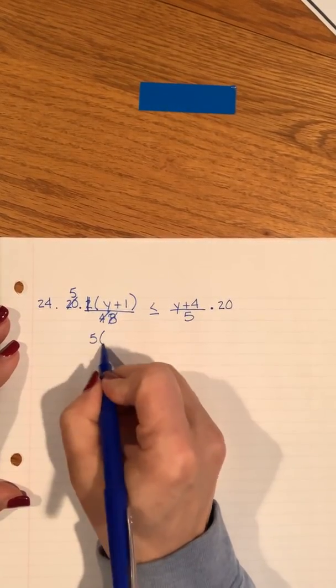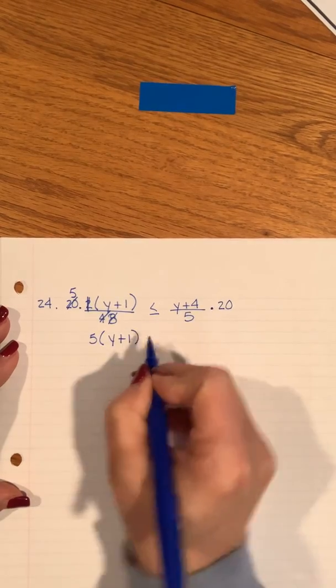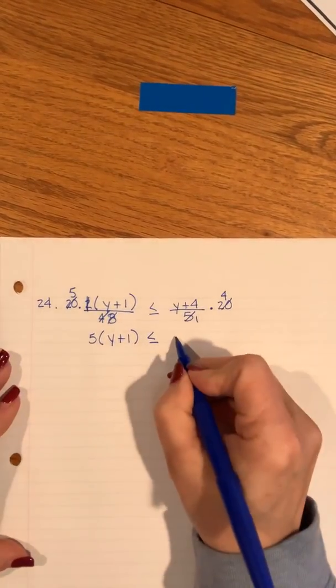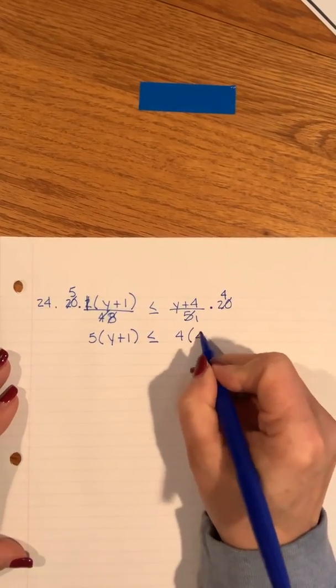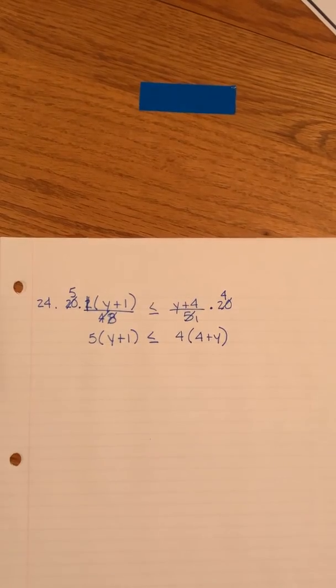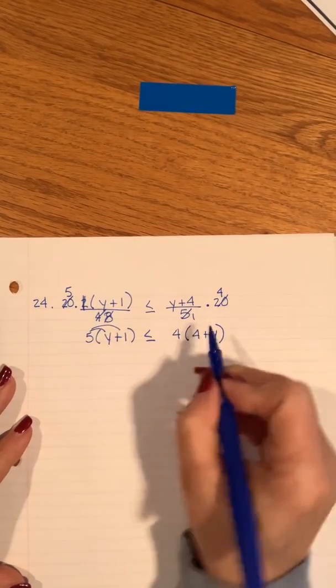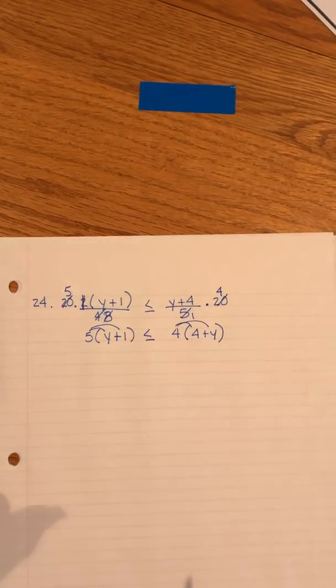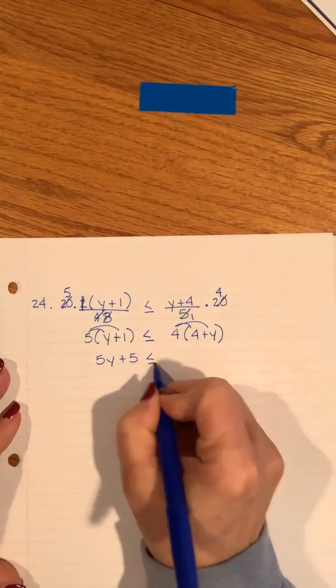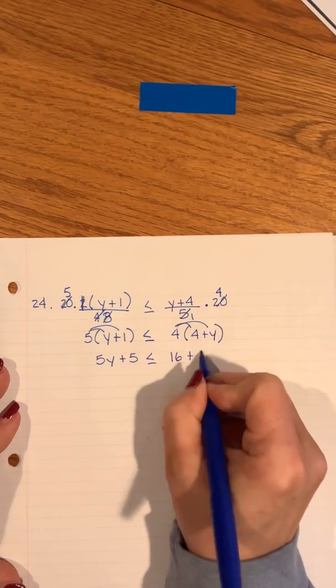So I got 5 times y plus 1. This cancels out, I get 4. So this is 4 times y, 4 plus y, or y plus 4. Doesn't matter what order. I mixed it up, sorry. We will distribute. So we got 5y plus 5 is less than or equal to 16 plus 4y.